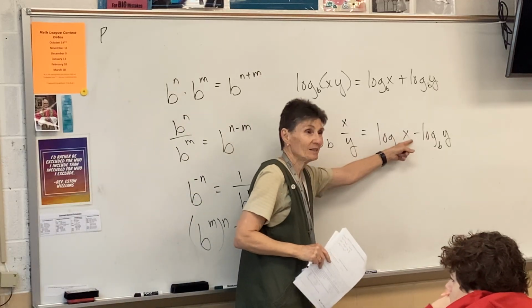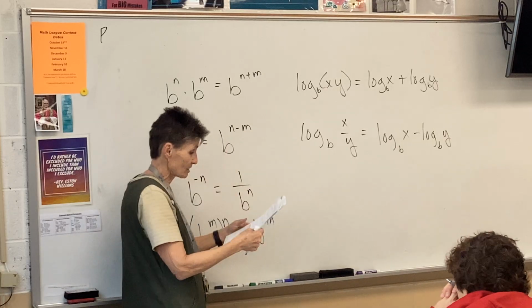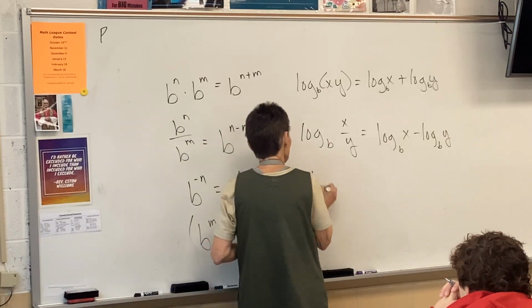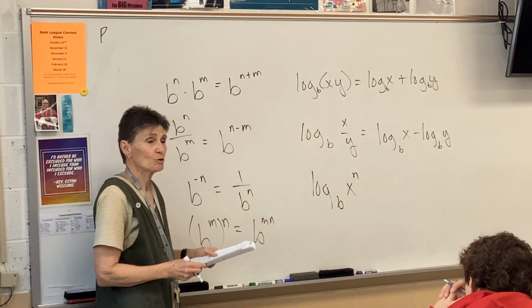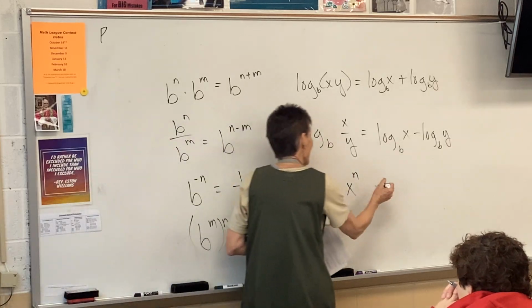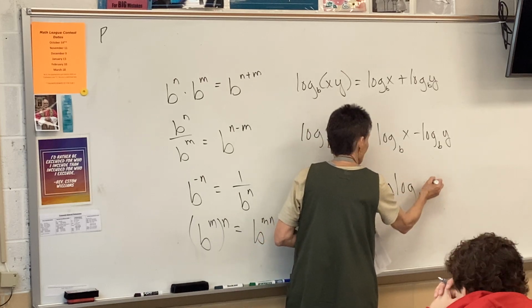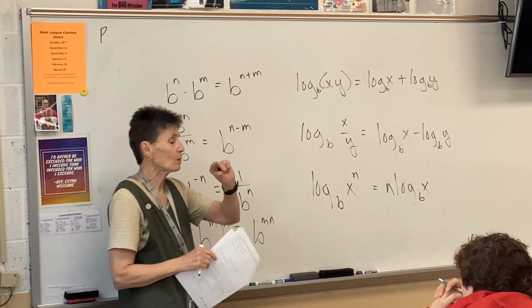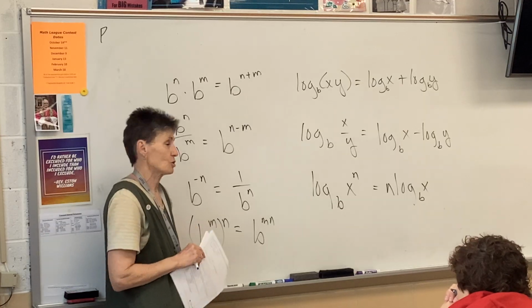Division is subtraction, multiplication is addition, just like with the exponents. And then, if we're taking the logarithm of something to a power, that power becomes a coefficient. This is my very favorite thing about logarithms. That power becomes a coefficient, and then it makes it easy to solve equations.